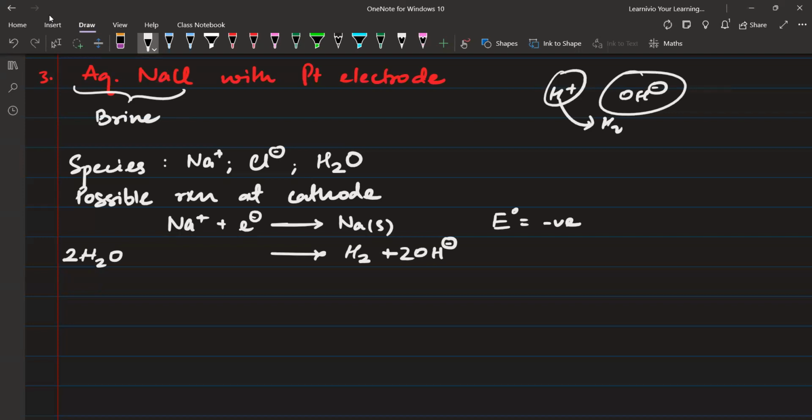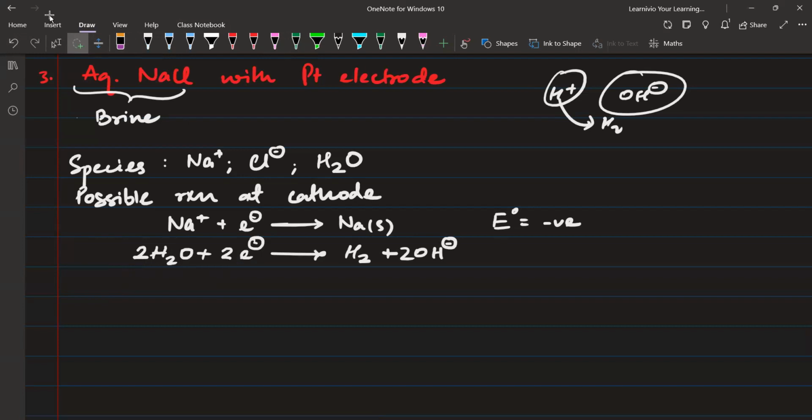Now the atoms are balanced, and you have to balance the charge. On the right hand side we have 2 negative charge, so you add 2 electrons and the charges are also balanced now. Got this, all of you? Yes or no? Please tell me. Did you understand how to do this?